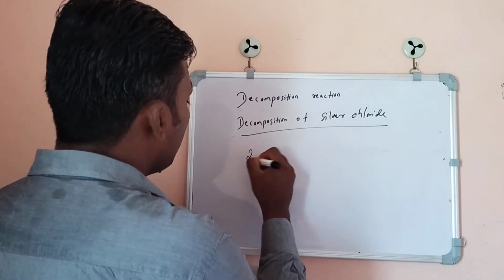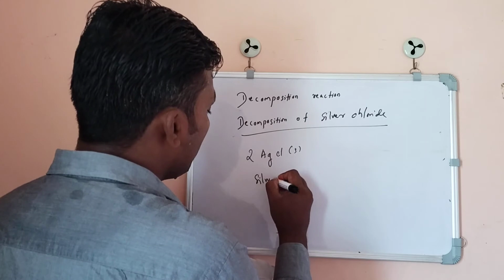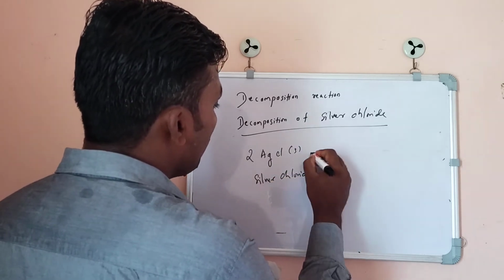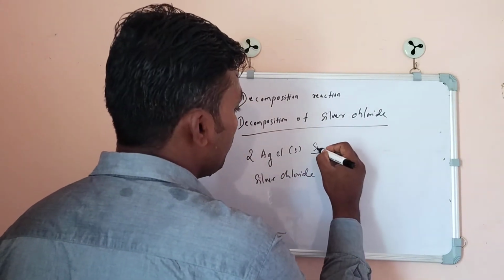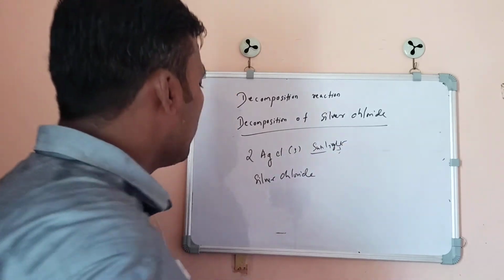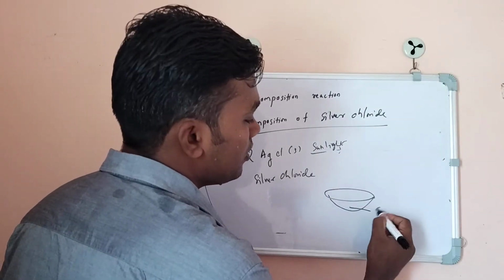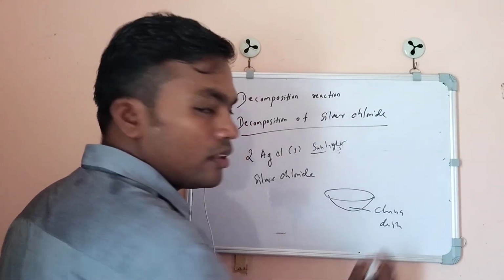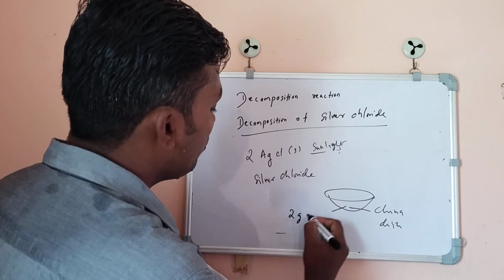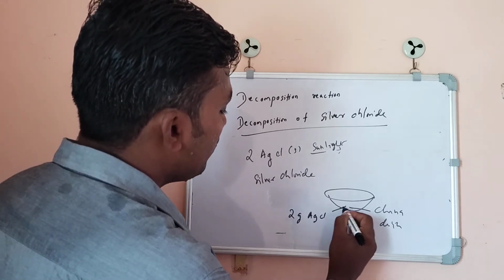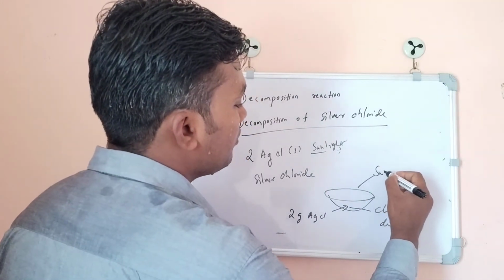You can take silver chloride and keep it in a China dish. Take a little amount of silver chloride in the China dish, place about 2 grams of AgCl in the China dish, and keep this China dish in sunlight.